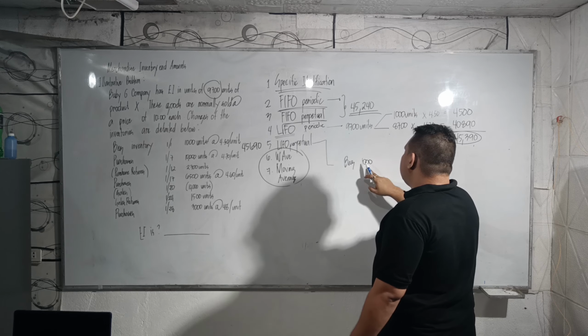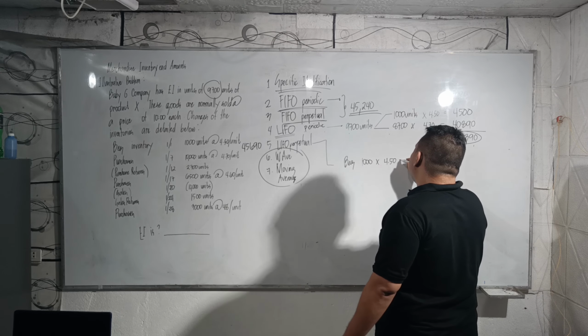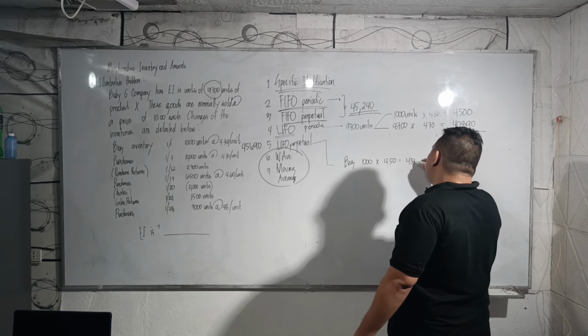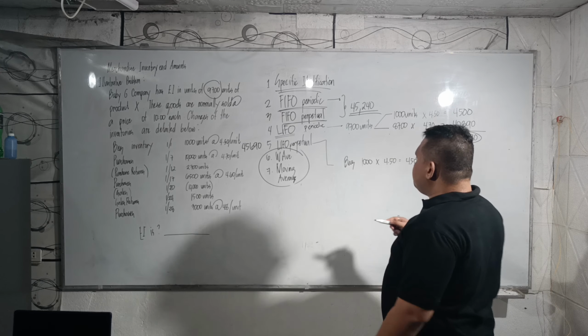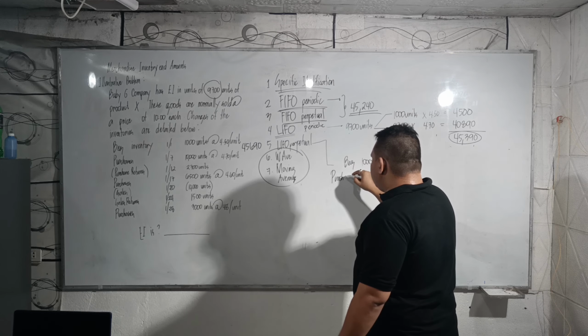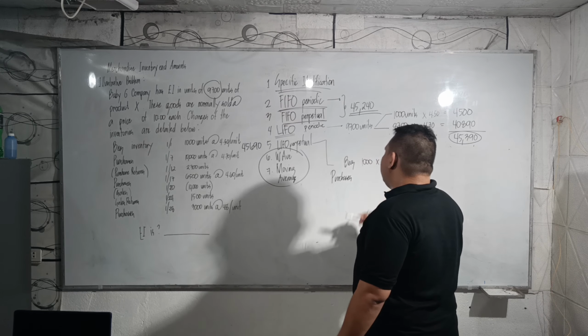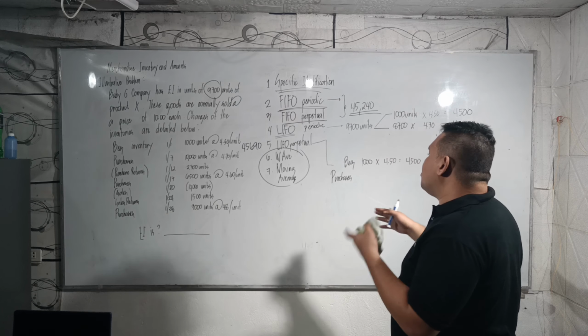So we have 1,000 units for the beginning inventory times 4.5 equals 4,500. And then, the twist in the purchases is that this is not gross purchases only. There will be a lot of line items.